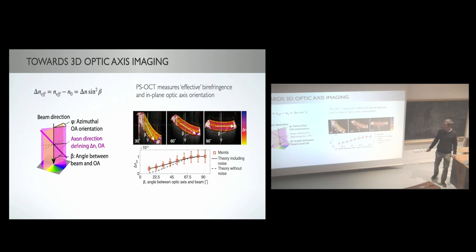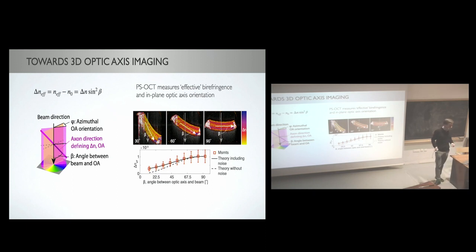Now, one more comment. So far, all the optic axis orientation that I refer to is the apparent optic axis orientation in the azimuthal direction. But the optic axis may have a 3D orientation in space, and all that I'm observing is the effective birefringence, which relates to almost a projection, with an additional sine term, of the actual 3D-oriented optic axis.